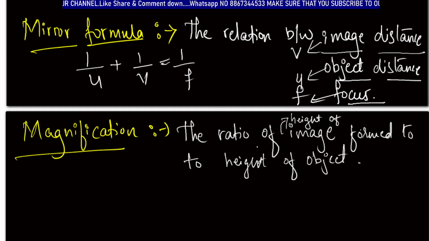That is nothing but the magnification of the mirror. The magnification of a mirror is defined by the ratio of the height of image formed to the height of object.